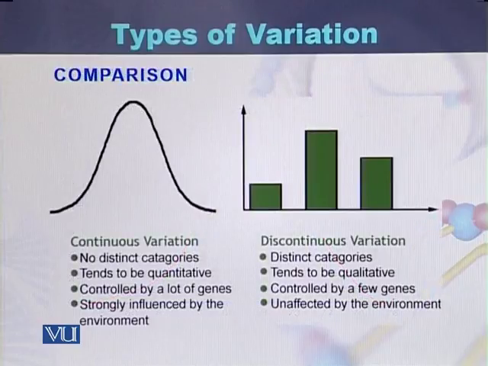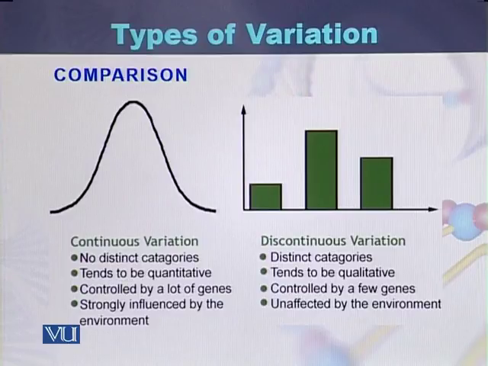The comparison between the two types: on one hand there is continuous variation, while on the other hand there is discontinuous variation. In continuous variation, there are no distinct categories, while in discontinuous variation there are distinct categories.